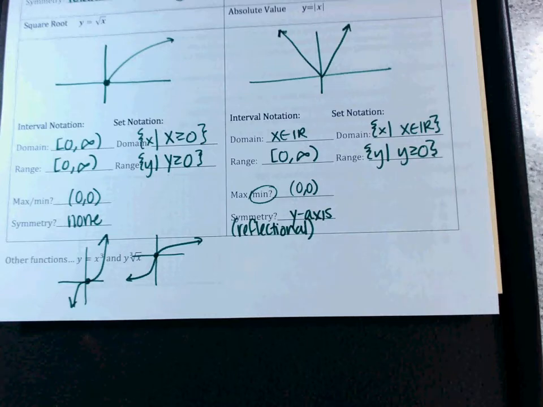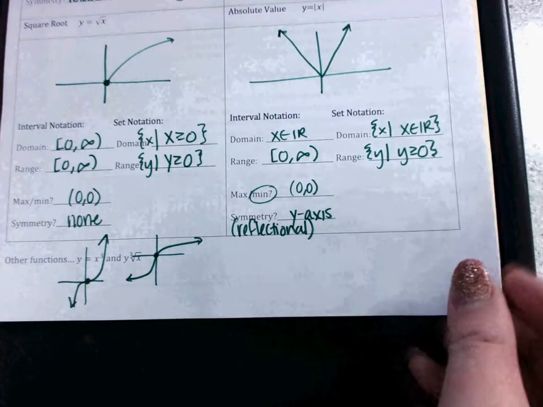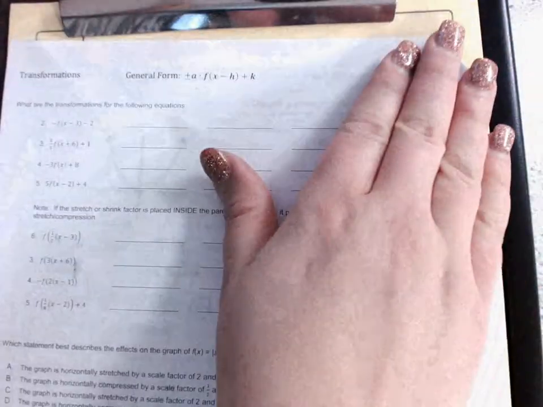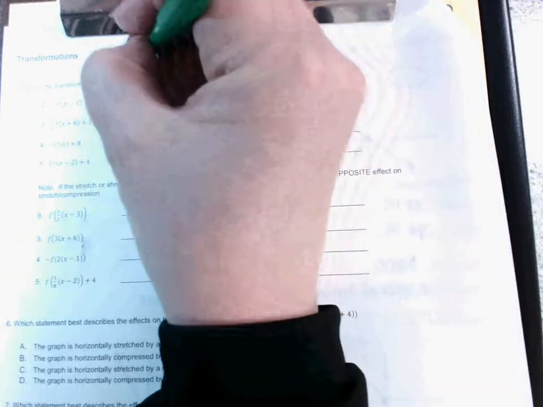Okay, go ahead and turn the page, please. Okay, remember that all of these different numbers in the equation do different jobs. So the number in the very front tells you if it's a stretch or a compression.